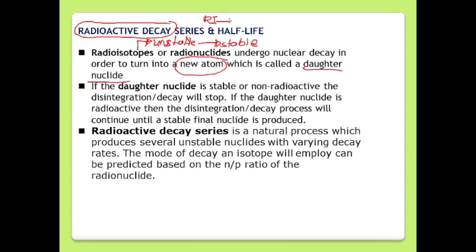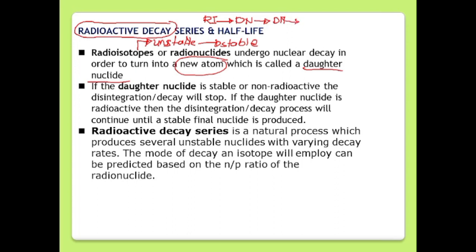And then, magiging daughter nuclide siya. And if this daughter nuclide ay radioactive pa rin siya or madami pa rin siyang excess energy, mag-undergo ulit yan ng radioactive decay. And then, after undergoing radioactive decay, unstable pa rin siya or radioactive pa rin siya.